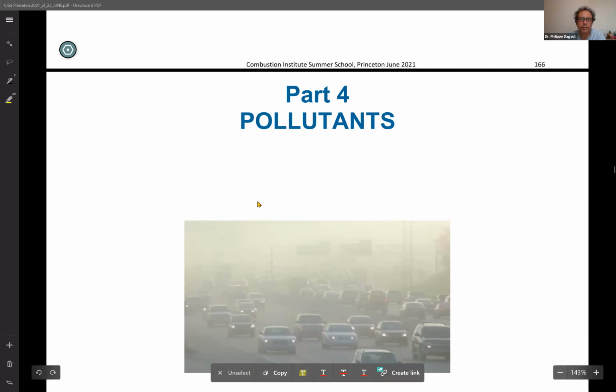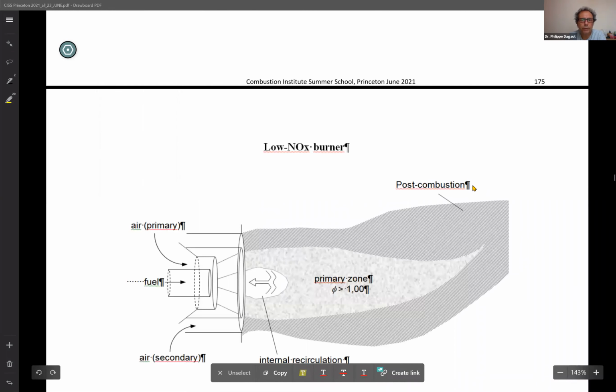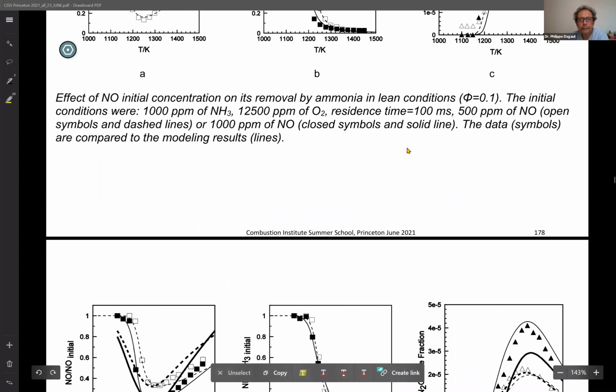And we will start with NOx, different formation pathways and ways to reduce NOx, either physically or chemically, and then we will have a look at ammonia, NO interaction. Also, we will have a look at sulfur chemistry a bit.